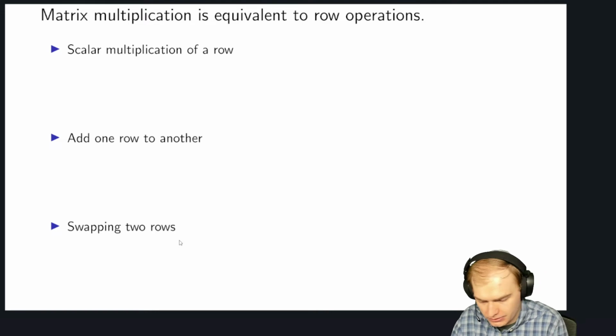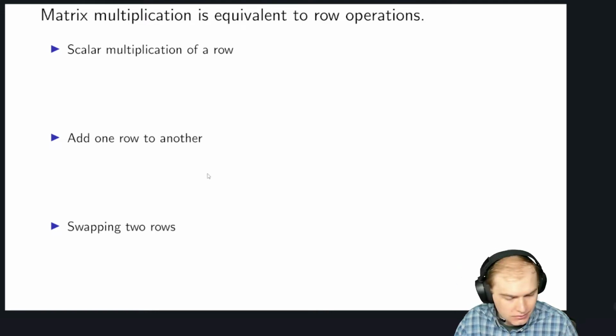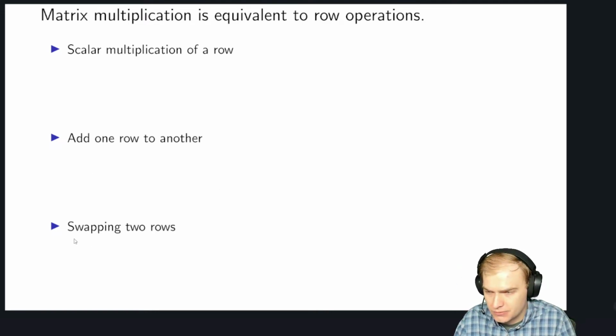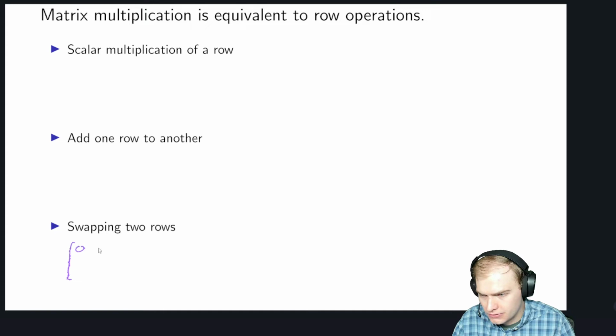Now I'm going to demonstrate first by swapping 2 rows. I'm going to use this matrix, and I'm going to multiply it by 1, 2, 3, 4, 5, 6, 7, 8, 9.